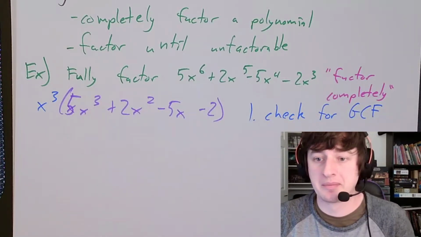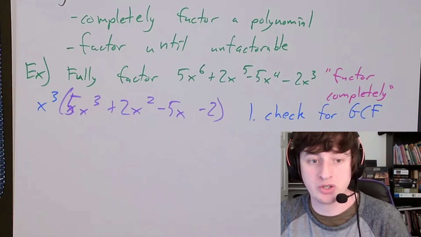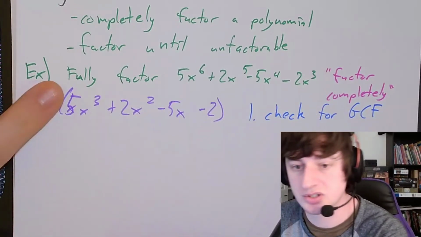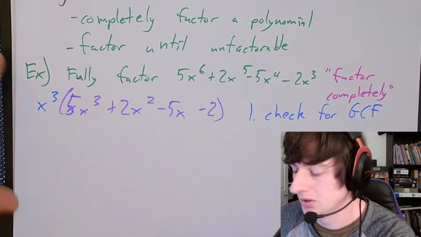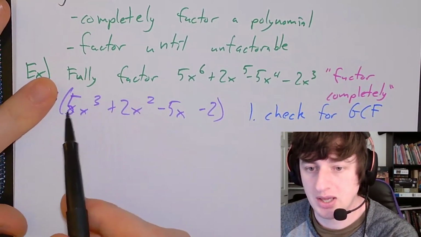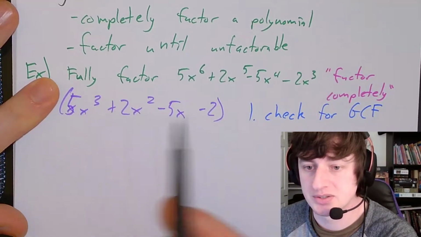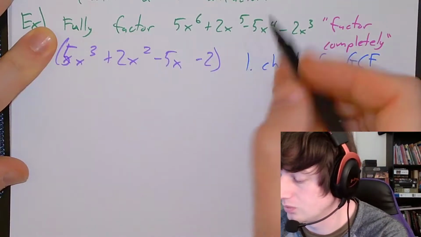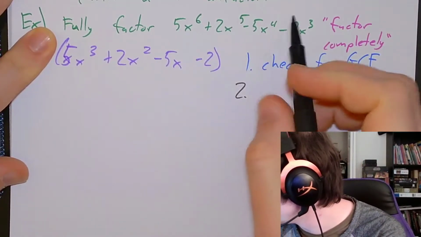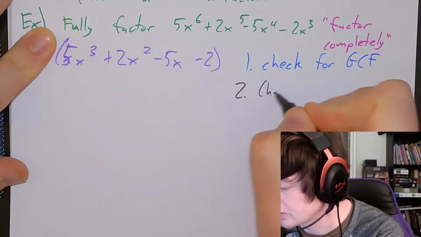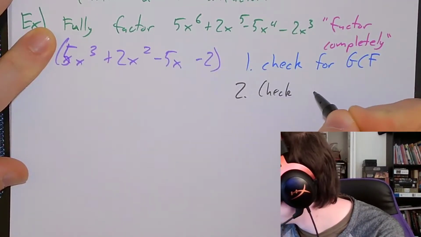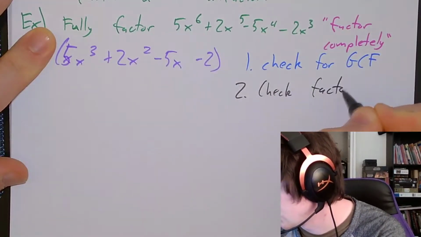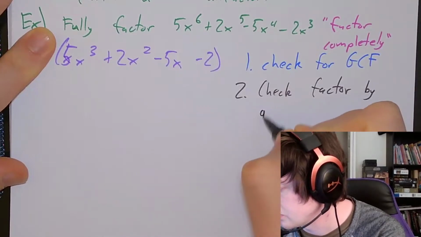From there, we're going to ignore the greatest common factor. This is still part of the problem, it's being multiplied. But we're going to check, can this stuff in the parentheses be factored anymore? Well, can we factor by grouping?